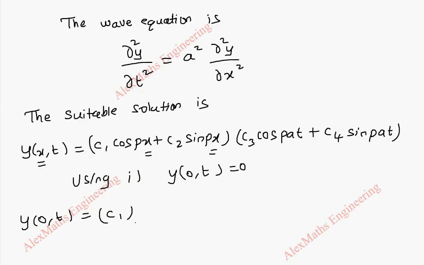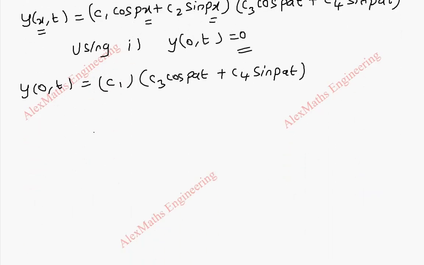So we have only c1 and c3 cos pat plus c4 sin pat written as it is, and this value is 0. So we take 0 equal to c1 into c3 cos pat plus c4 sin pat.